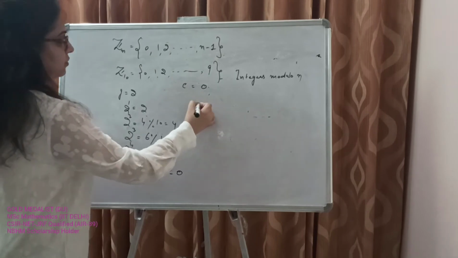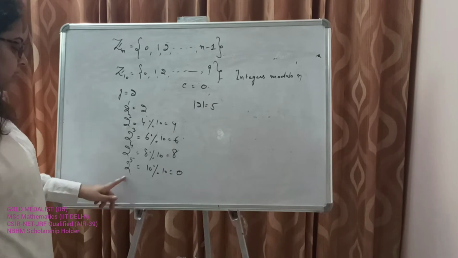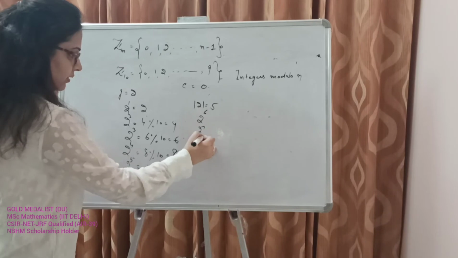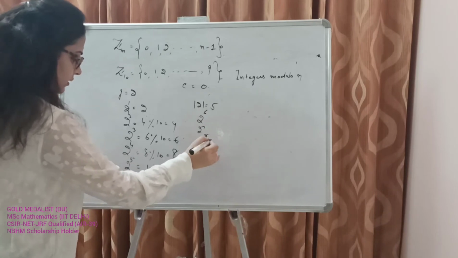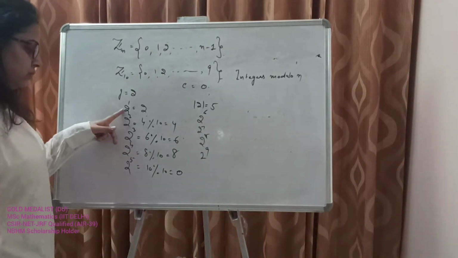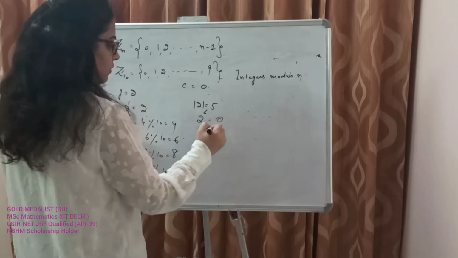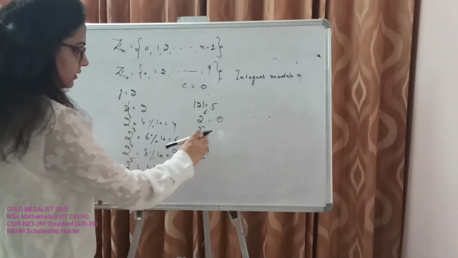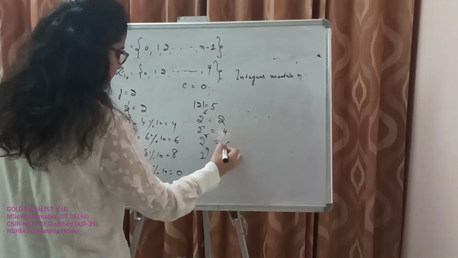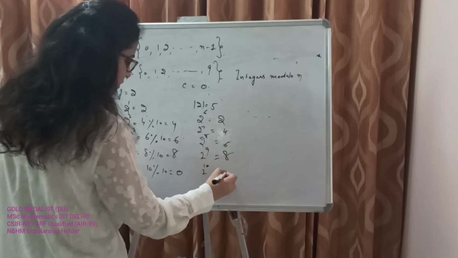So the order of 2 is 5, right? And going ahead, if we find 2 power 6, 7, 8, 9, 2 power 6 will be again equal to 2, then 4, 6, and these elements will repeat. 2 power 10 is 0.